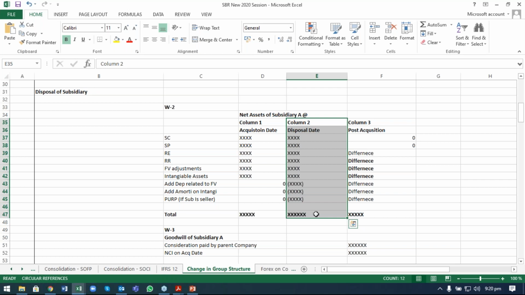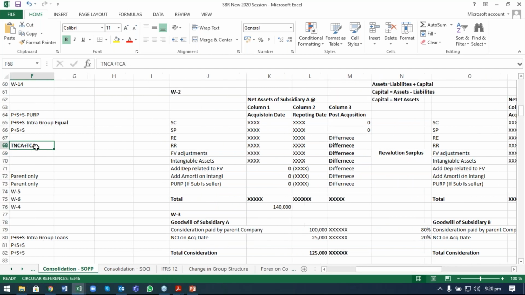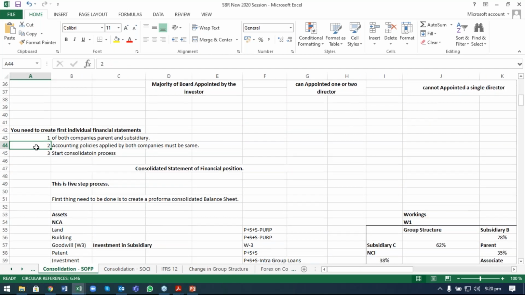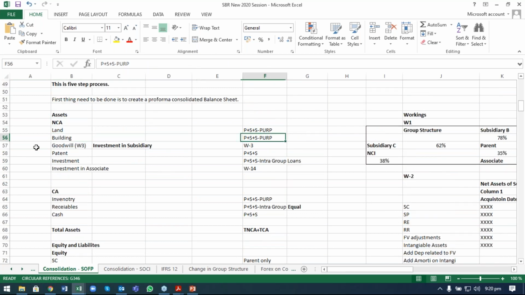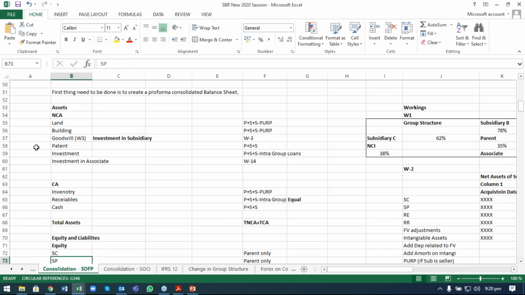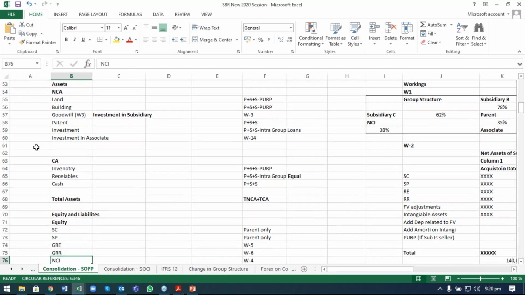The second thing we have recorded is the goodwill of the subsidiary that should be reported in your consolidated statement of financial position. You can see here, these are the net assets, parent plus subsidiary, and we have recorded goodwill. The third thing recorded in the group financial statement was the non-controlling interest.